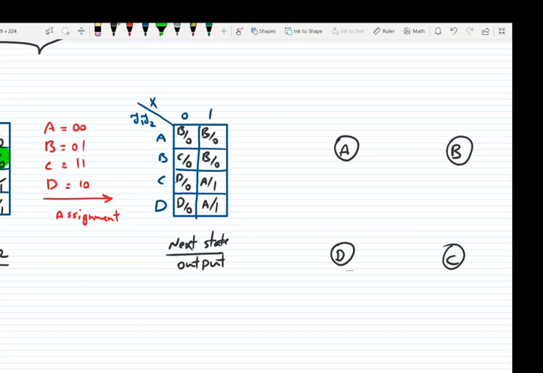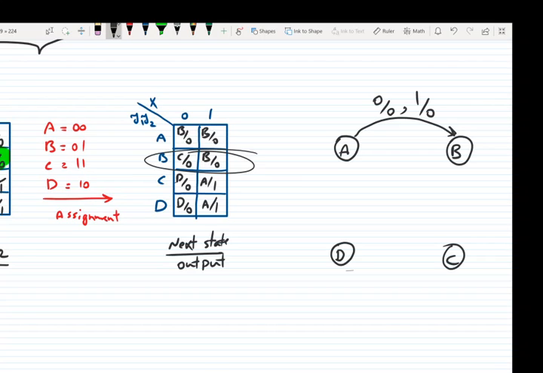For example, if we are in state A and the input is 0, we go to state B and the output is 0. If we are in A and the input is 1, we go to B and the output is 0. So regardless of the input, we move to state B, and the output is of course 0.